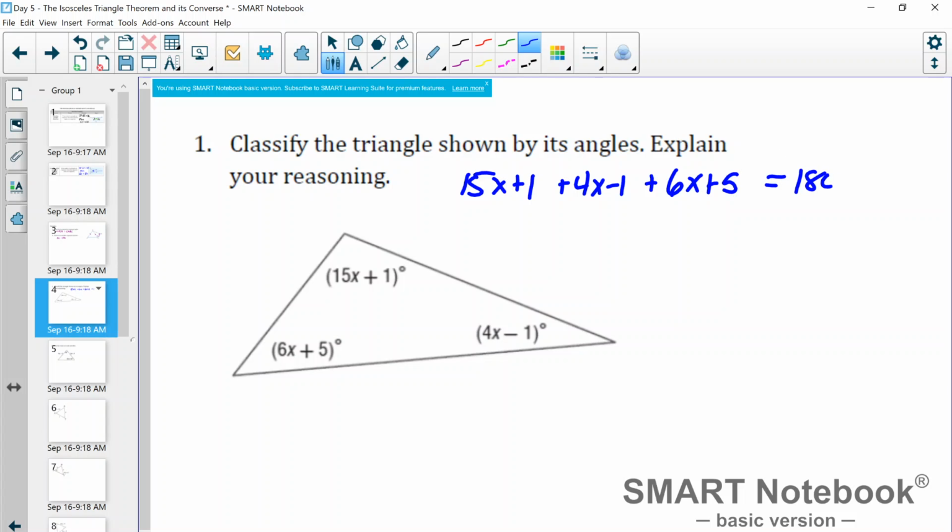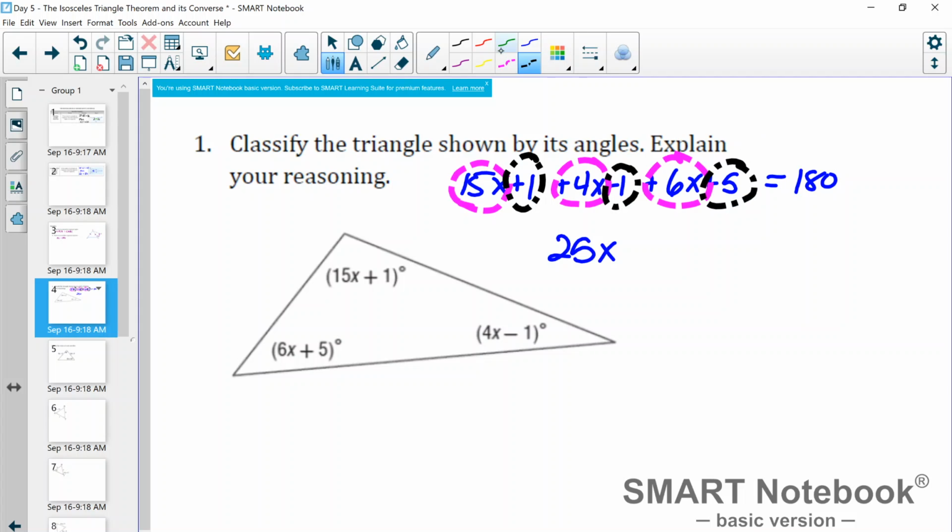I'm going to get 180 degrees. So what I'll do first is combine terms so that my life's a little bit easier. So 15x, positive 4x, positive 6x, add them all up, I'm going to get 25x. And then if I look at my solid numbers, I got a positive 1, I got minus 1, and I got plus 5.